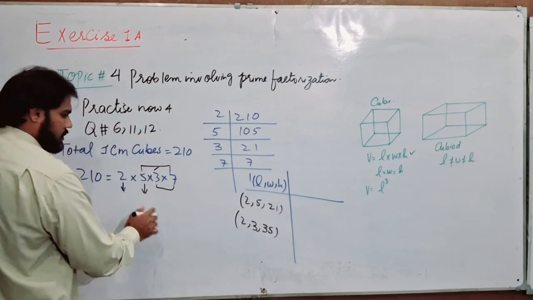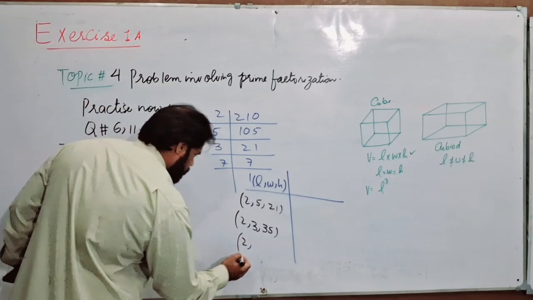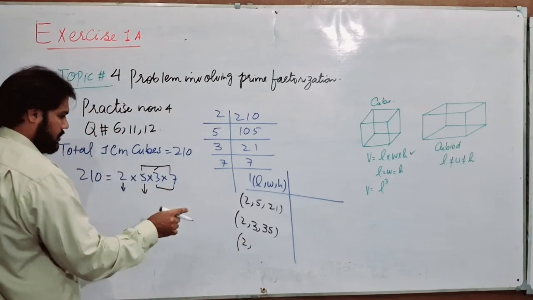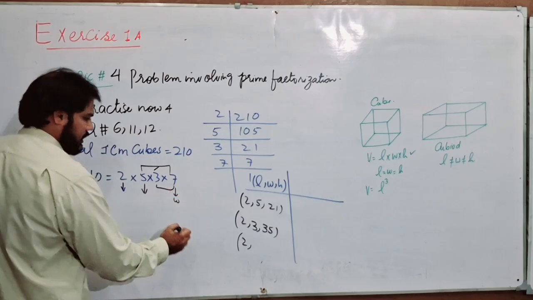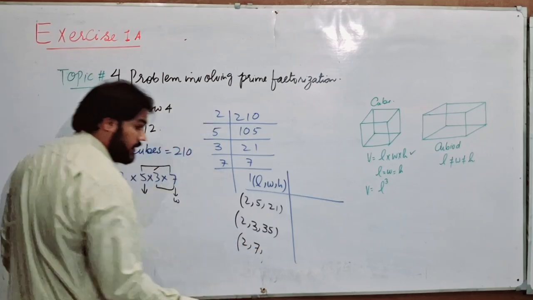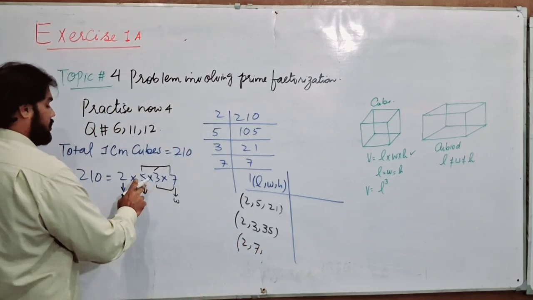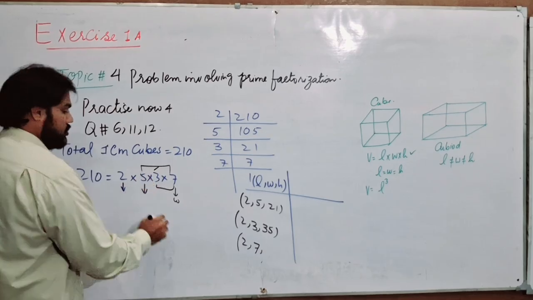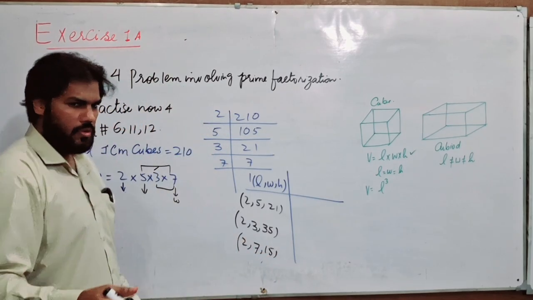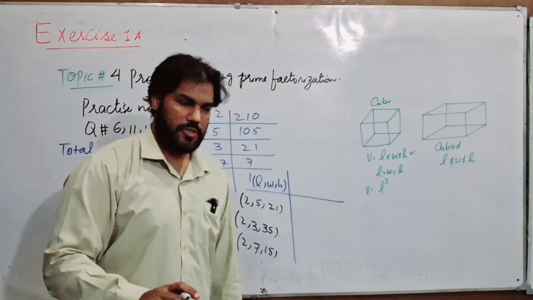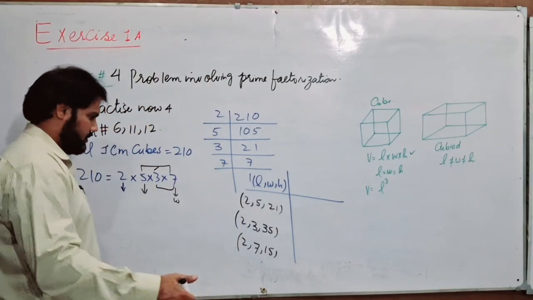Now if my length is 2 and my width is 7, then what will be the height? Height will be the product of the remaining 2, 5 into 3, 15. This is my third pair. The demand is only for 3 cuboids, but we can find all of the pairs.